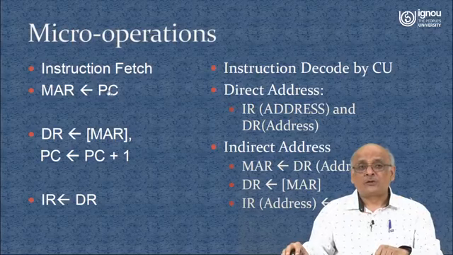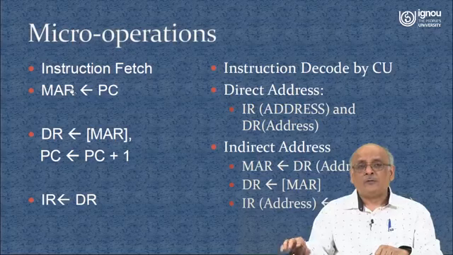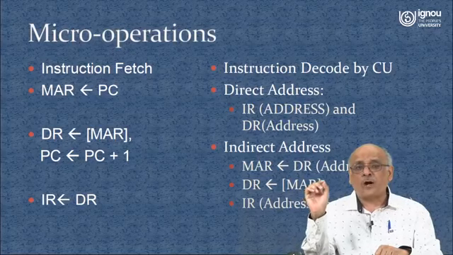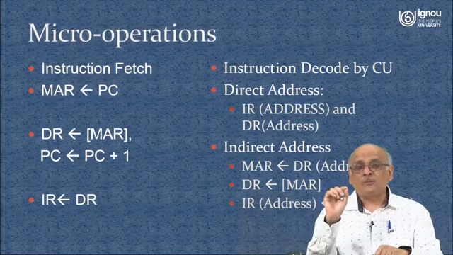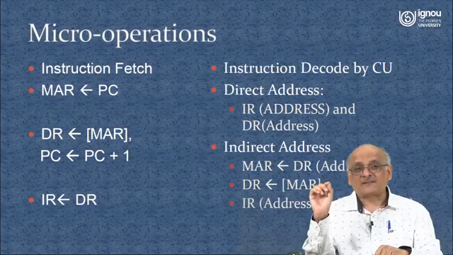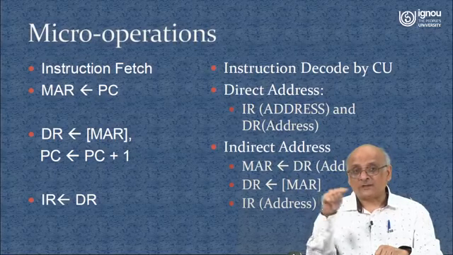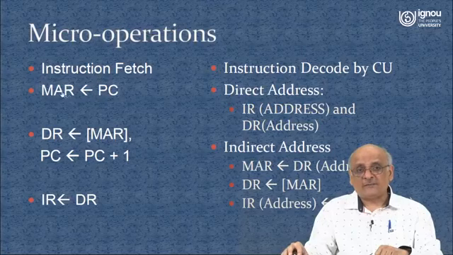The program counter contains the address of the next instruction to be executed. Now I transfer the program counter to the memory address register, which is interfaced to the processor to memory bus.